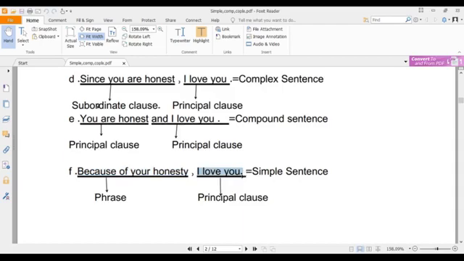Here, "I love you" is a principal clause or main clause, and "because of your honesty" is a phrase. Because of your honesty, this part does not contain any subject or any finite verb. Since the whole sentence contains only one principal clause, it is a simple sentence.